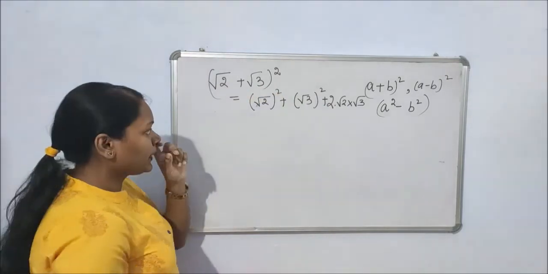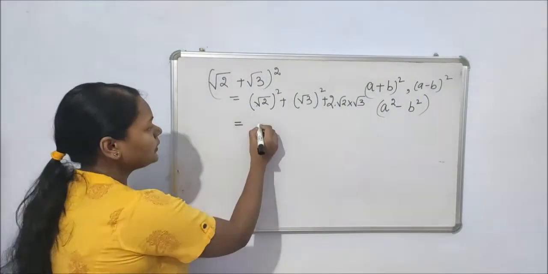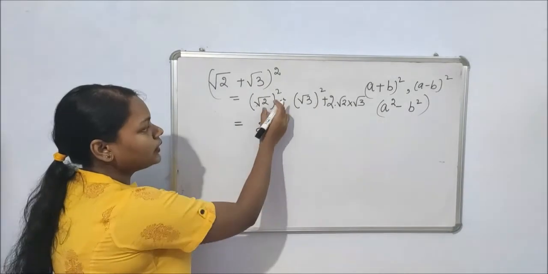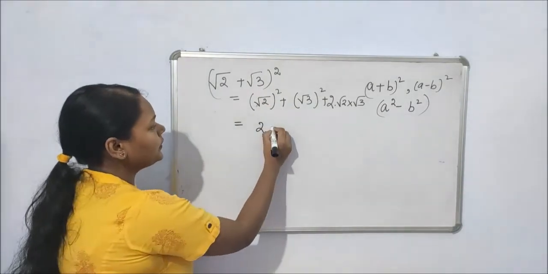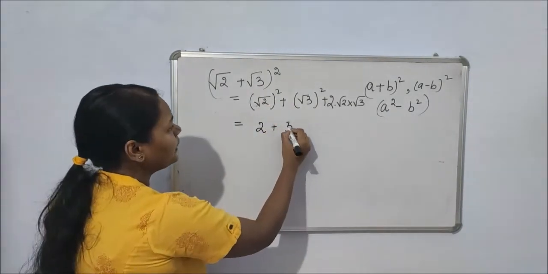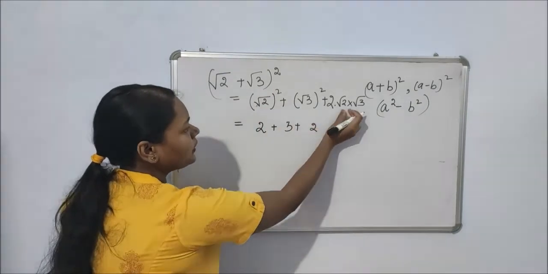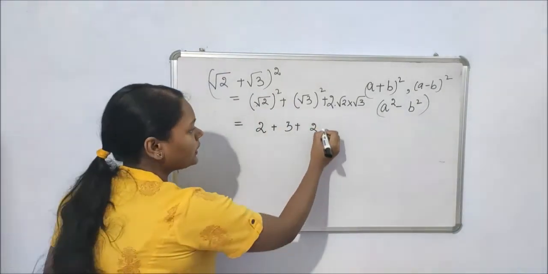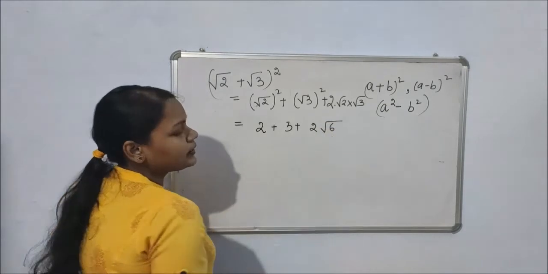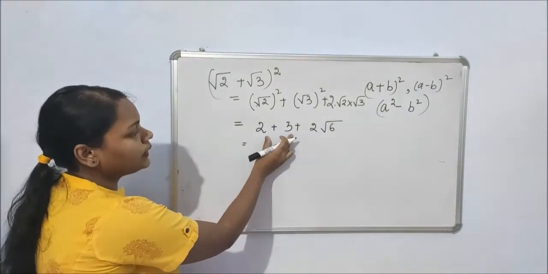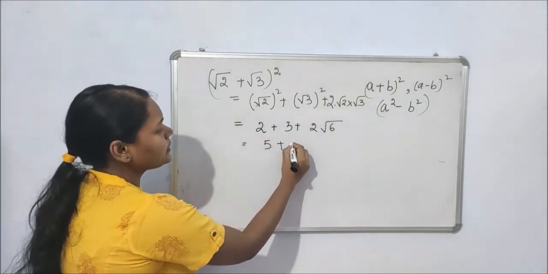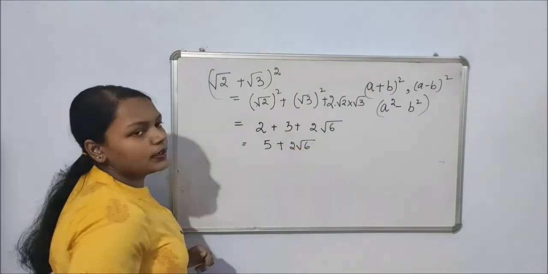So we can evaluate this. The square and square root will cancel to give the value 2. Then we have 3 plus, and if I multiply 2 surds, it will give root 6. So basically I can add the whole numbers: 5 plus 2 root 6 is the answer.